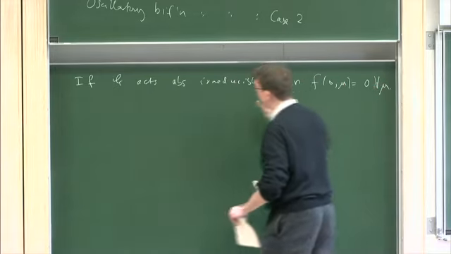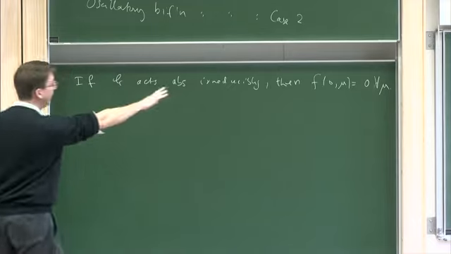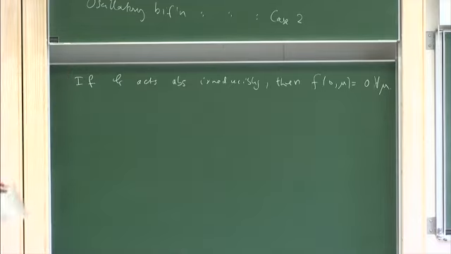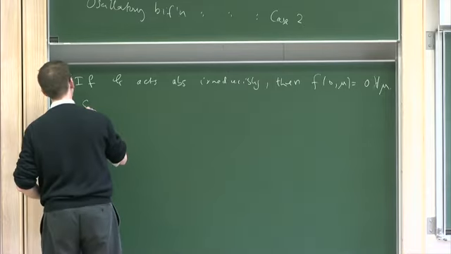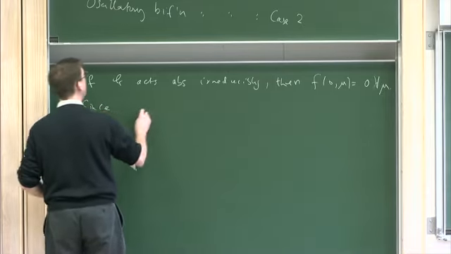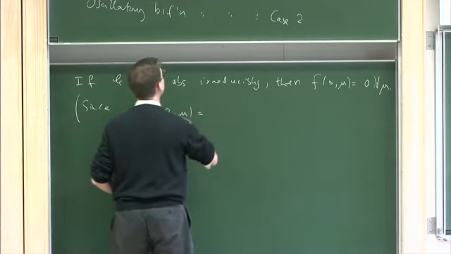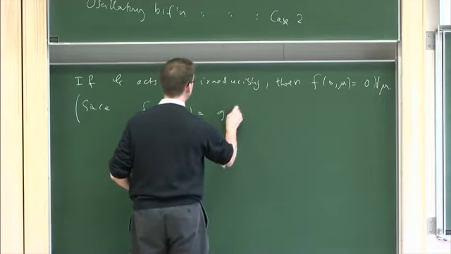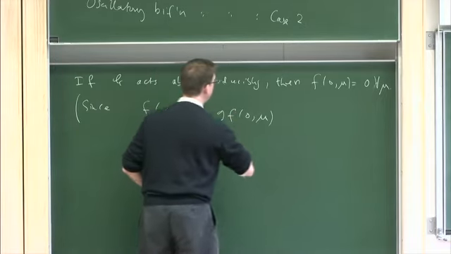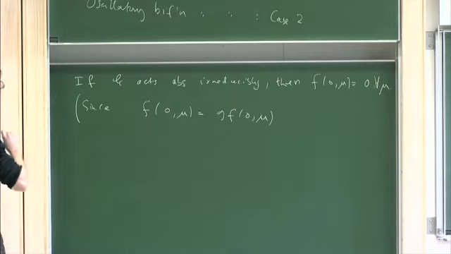So being absolutely irreducible implies that I have an equilibrium point at the origin. This is because, from the equivariance condition, G is linear, f at 0, mu is g times f of 0, mu.